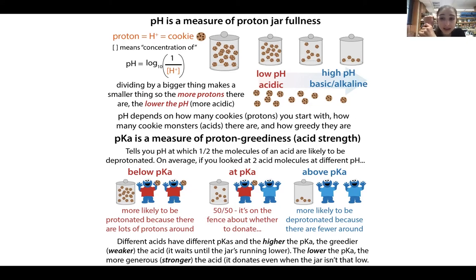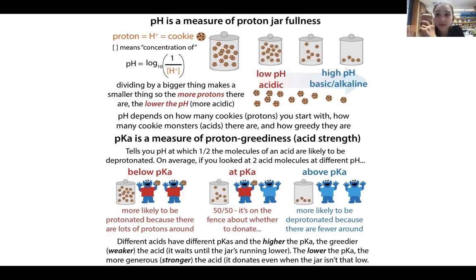At the pKa, then you'll see it 50-50, like it's kind of on the fence about whether to donate. Above the pKa, remember, because you have that inverse relationship, you're going to not have many protons at all. And so your cookie monsters are going to be more likely to be deprotonated because there are fewer cookies around.